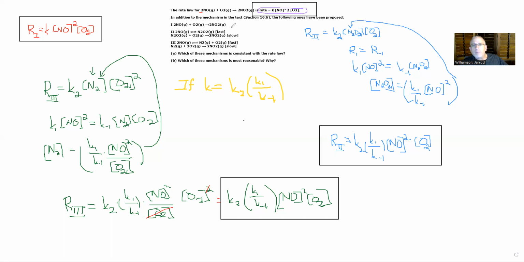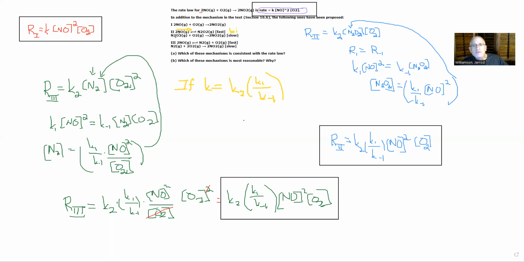So each step here, this is unimolecular, or actually it's decomposition. So 2 of these colliding with each other, going this way. I've got 2 NOs, so that's bimolecular.